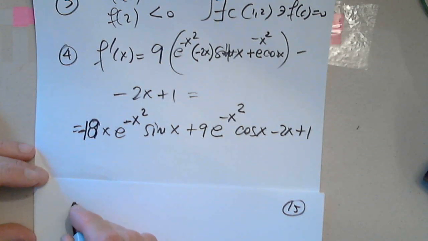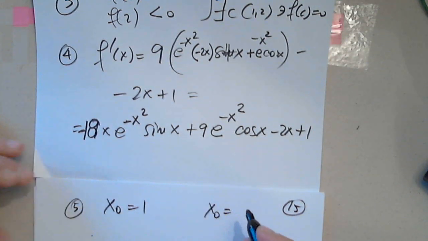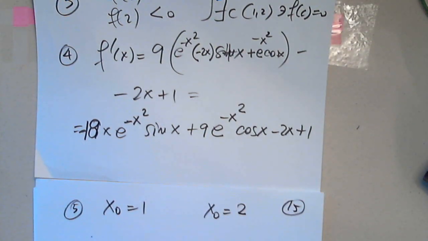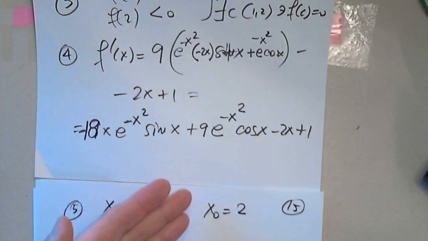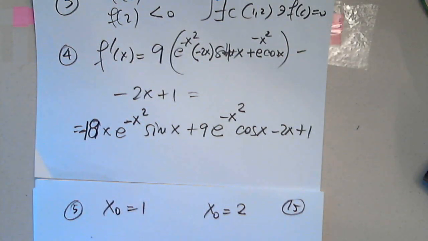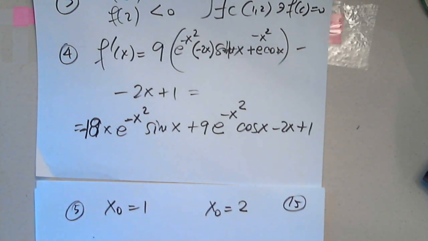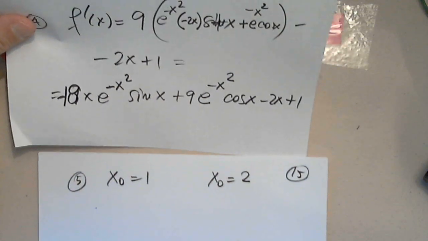So let's say in step number 5, I pick x0 equals 1. You may pick x0 equals 2. I may need 4 steps till the method converges. You may need 3. So if the solution is closer to 2, you will finish in 3 steps. If the solution is closer to 1, I will finish in 3 steps, and you may need 4. But it doesn't matter, really.